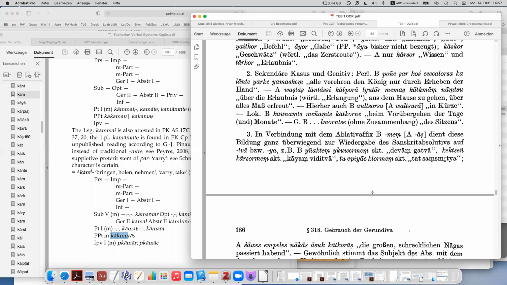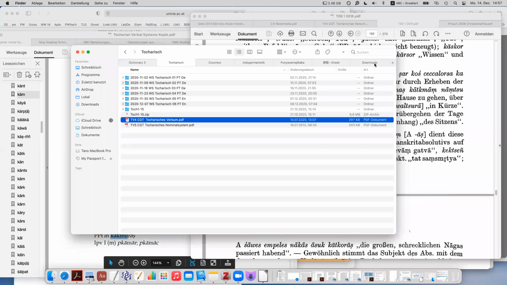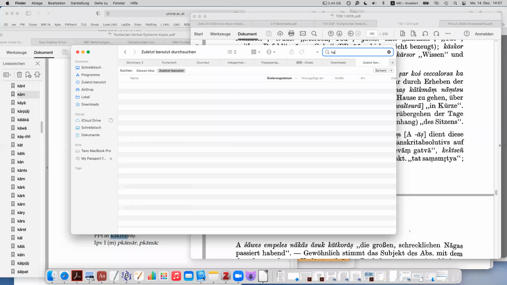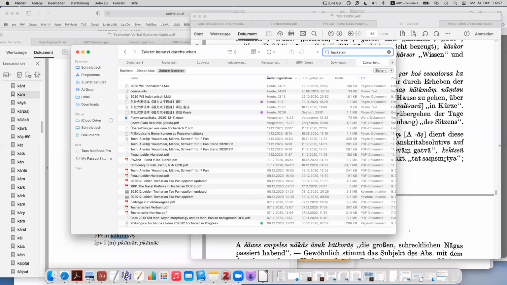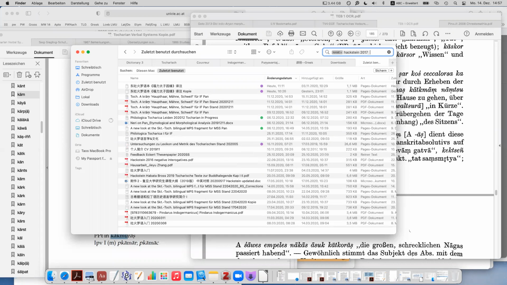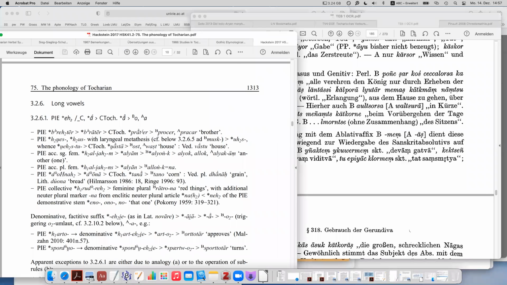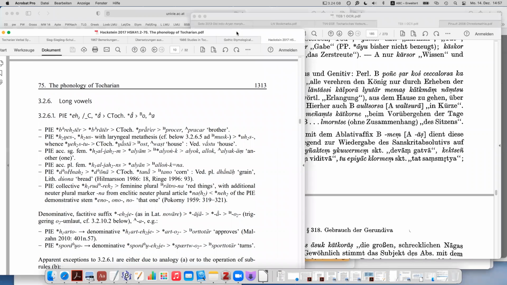Okay, I think this is probably it for the grammar. And then probably we can talk about the historical phonology. For this, we should use a paper by Hackstein, Hackstein 2017, about Tocharian phonology.